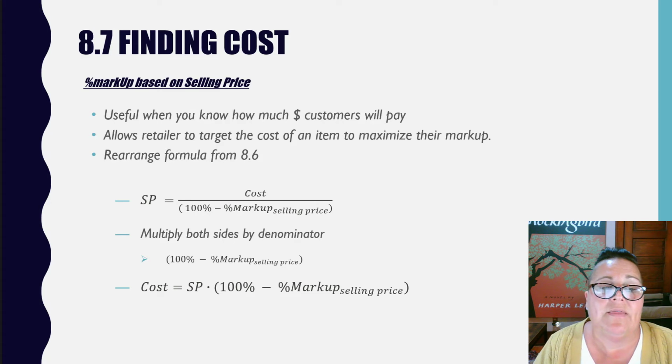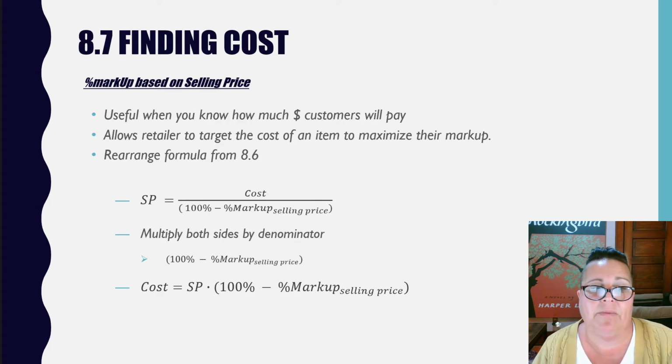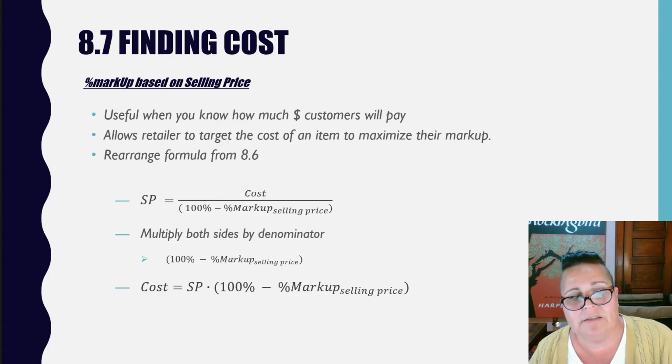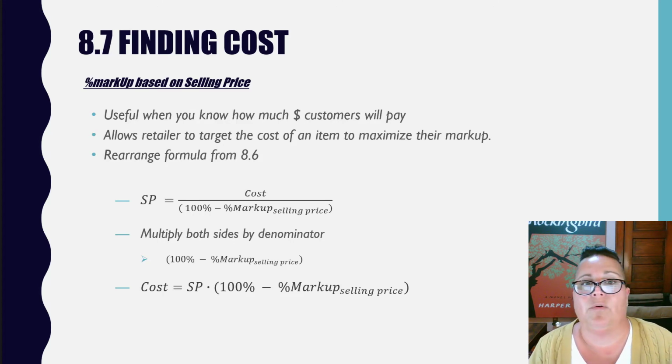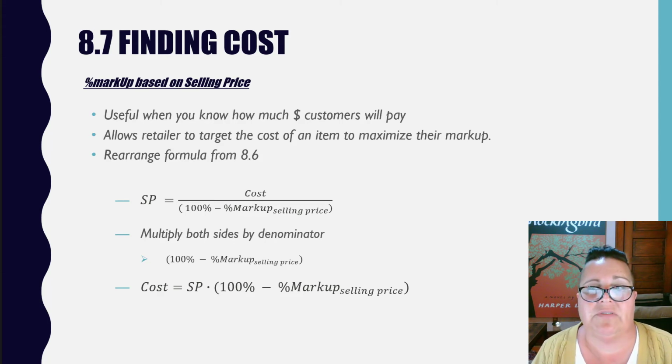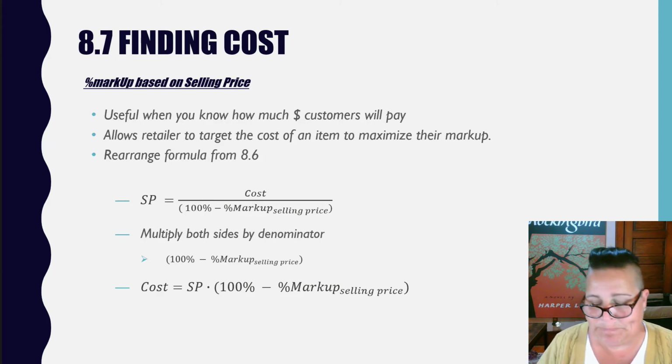We know that the selling price is the cost divided by the complement of the markup. If we just multiply both sides by that denominator, the complement of the markup, we get that the cost is the selling price times 100 minus the percent markup based on selling price, or a piece of the formula we already had in order to solve to get the selling price.